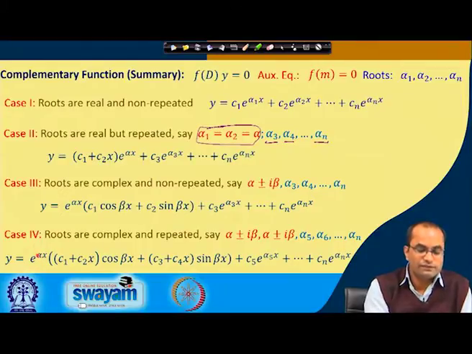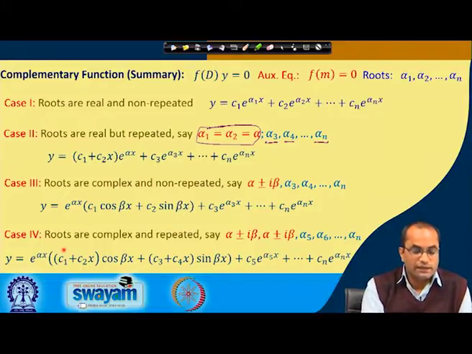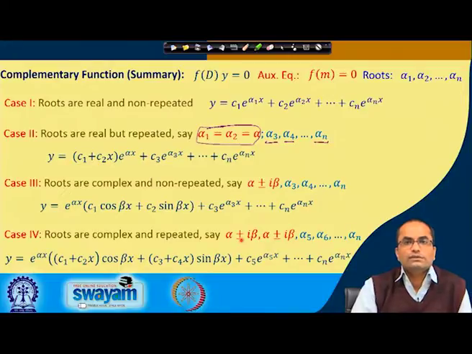So, e power alpha x will remain as it is, and instead of c 1 it will now take c 1 plus c 2 x, and the other constant will be c 3 plus c 4 x. So, 4 constants will be introduced here corresponding to these repeated complex roots, and then corresponding to the non repeated distinct real roots, we have these terms with c 5 e power alpha 5 x and so on up to c n e power alpha n x.